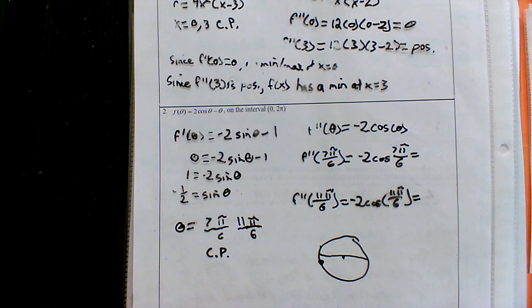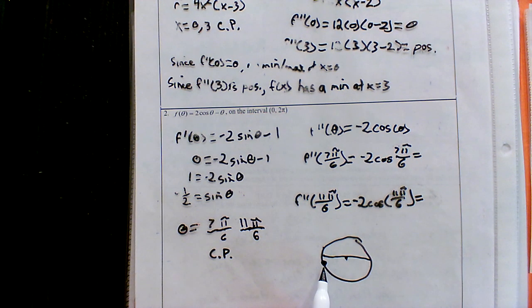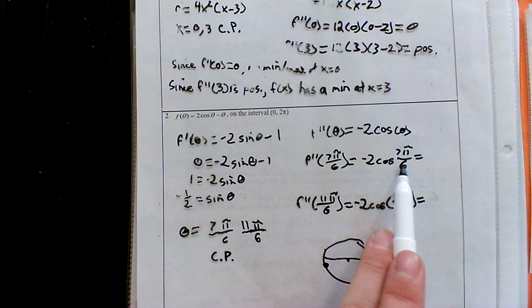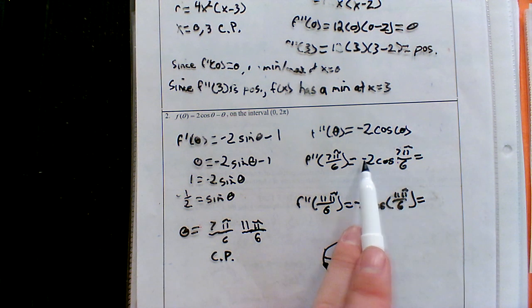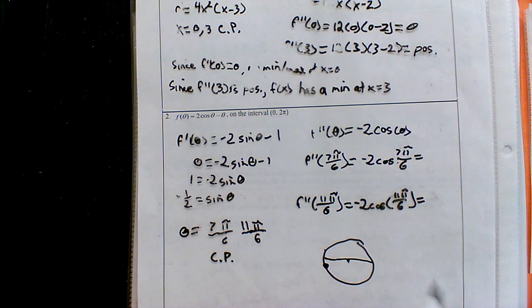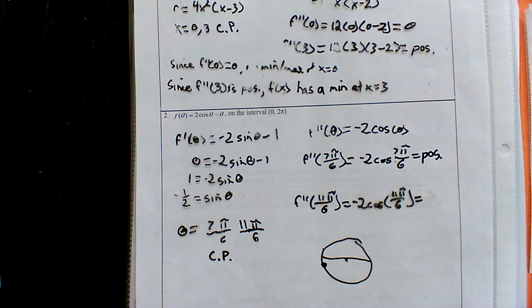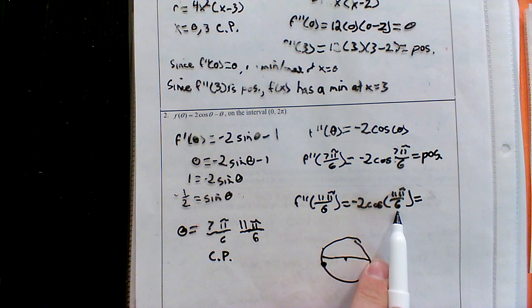If we take the cosine of something that's in this area, do you get a positive or negative value here? Okay, you get a negative value. So the cosine of this is negative. What's a negative times a negative? So the answer for that one's going to be positive. Okay? Cosine of 11 pi over 6.